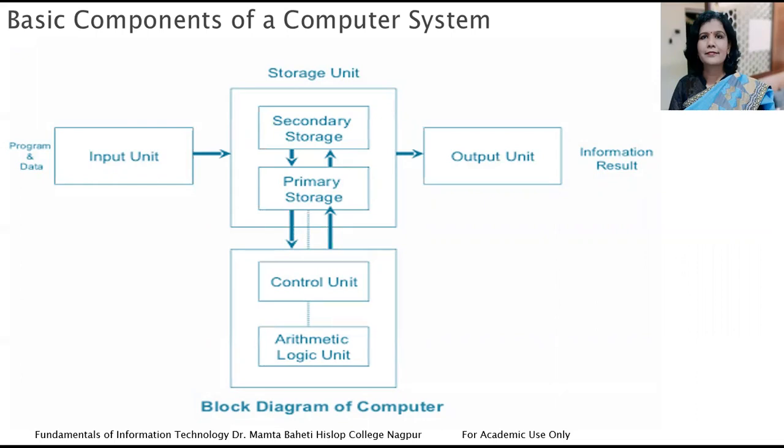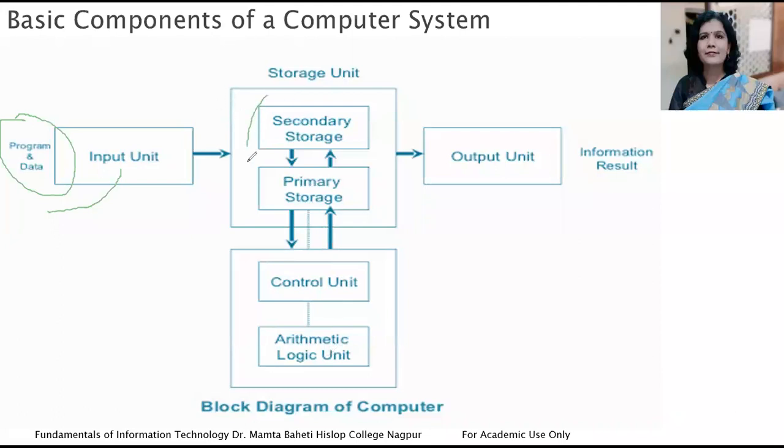Here you see the input is program and data. This is your input. This input goes to the input unit. From that, it will be shared to the CPU. CPU में जिसमें दो हिस्से हैं. In those two parts you will see storage, secondary storage, primary storage, control unit, arithmetic logic.